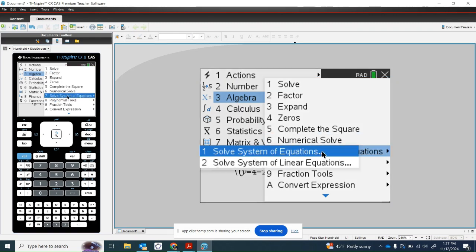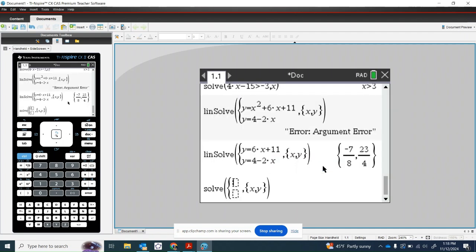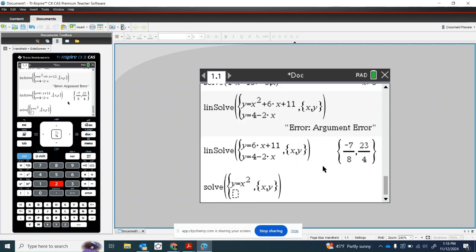Algebra, solve system. So here is where you can then determine how many equations. So 2, x and y. So here it's just going to say solve instead of linearly solve. And this is where I could do that extra piece. So x squared plus 6x plus 11. Was it? Yep.